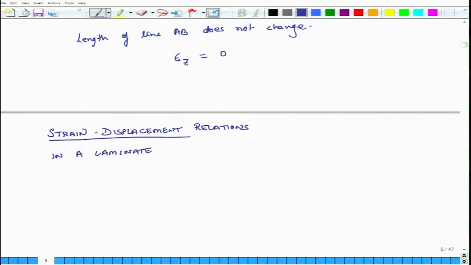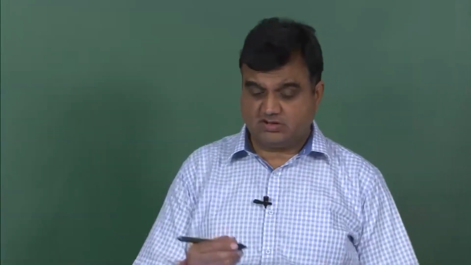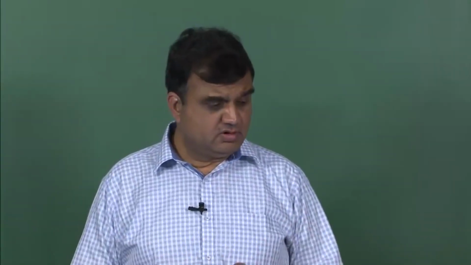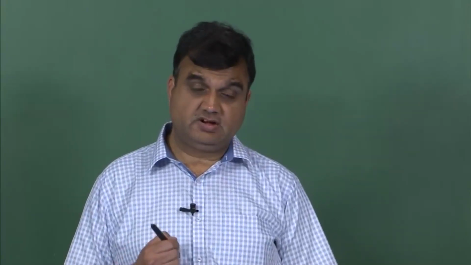We will develop relations between the displacements in the three directions, u, v and w, and the strains, and we have already said that three strains are 0: epsilon z, gamma yz and gamma zx. So, the three strains we will really worry about are epsilon x, epsilon y and the shear strain gamma xy.